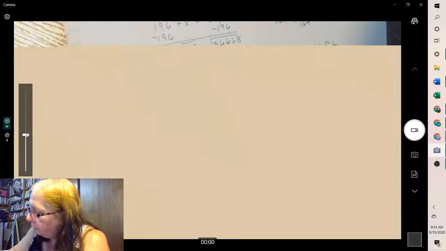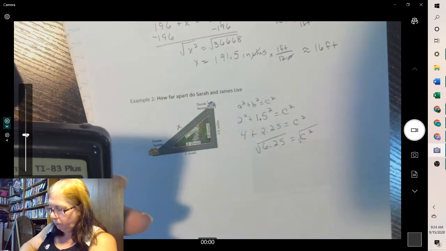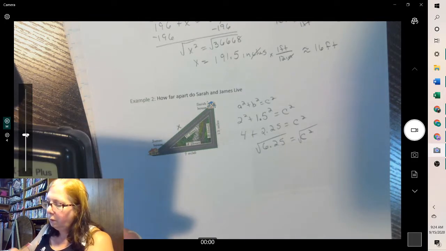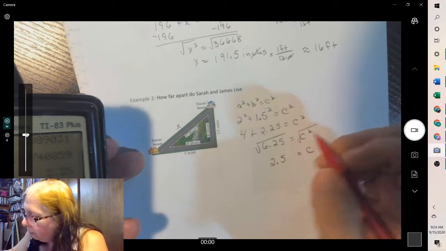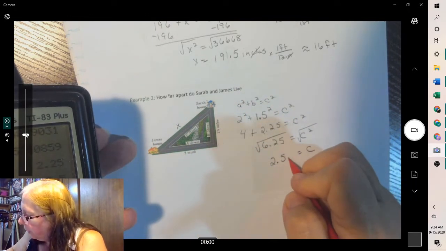Take the square root and get 2.5. So they live 2.5 miles apart.